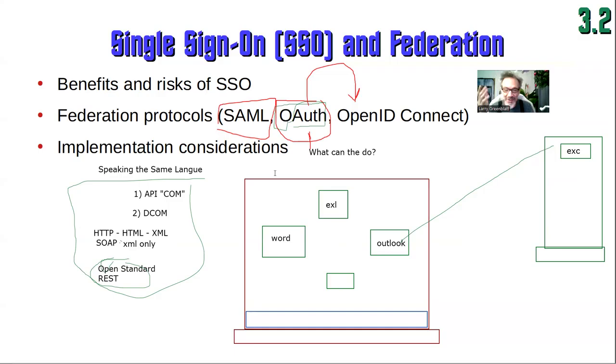People make the same mistakes over and over again. It's just really bad. So OAuth 2.0 now includes OpenID Connect. And OpenID Connect allows you to still use pre-shared keys.